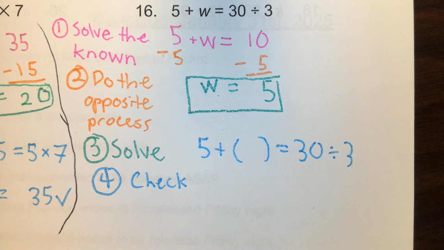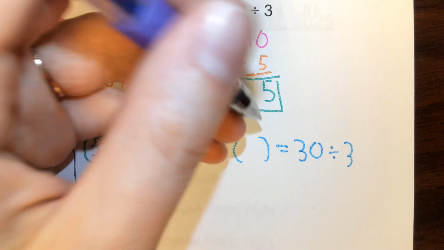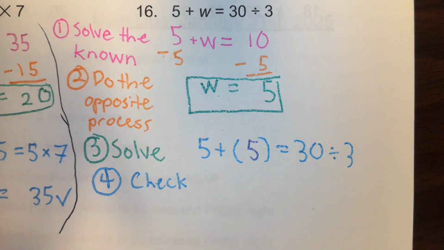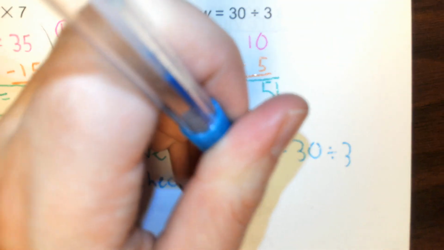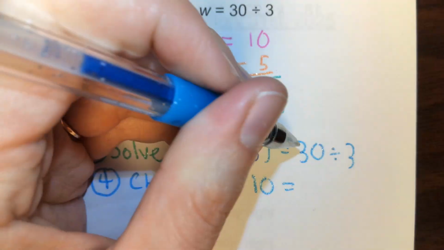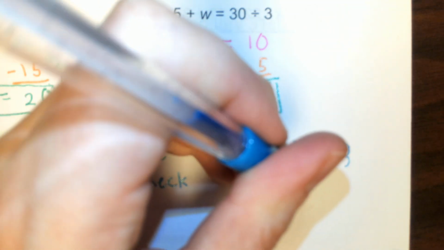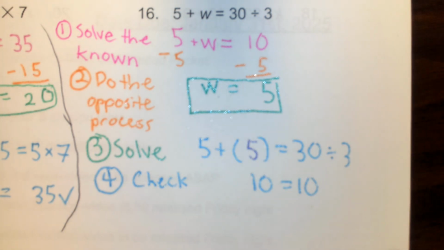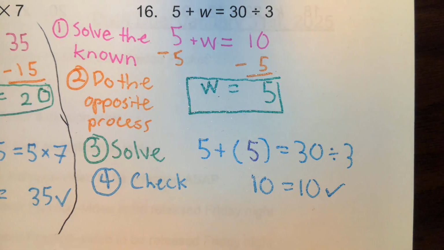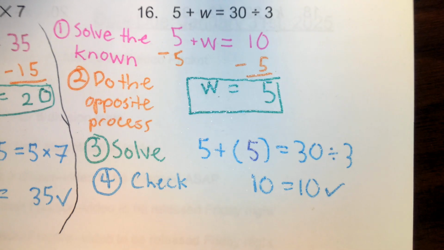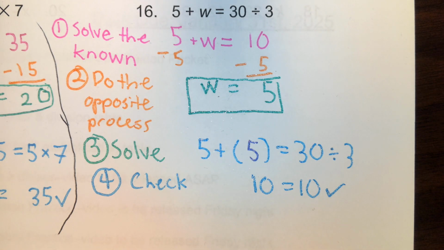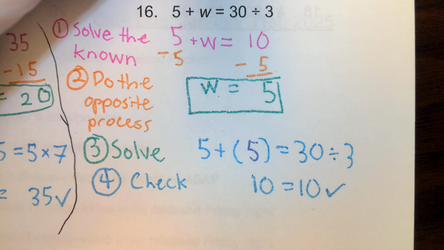Now let's go ahead and plug in our number 5 here. 5 plus 5 is going to equal 10. 30 divided by 3 is also going to equal 10. 10 equals 10. I agree with that. So I think we're good. Now let's let this sit for a second so you can see it. And pause it if you need to.